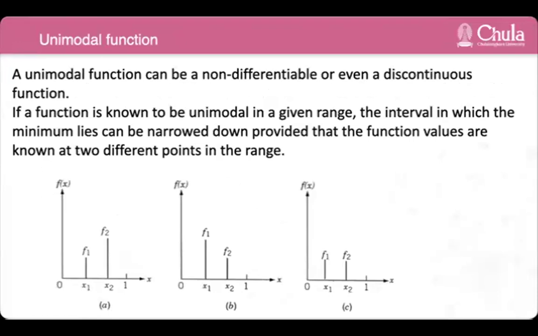If we get this outcome, we know our local optimum cannot lie in this region, from x2 to 1. So we can eliminate this area.